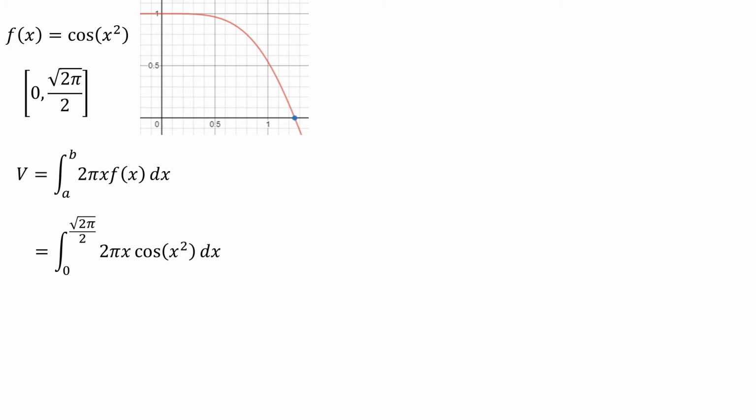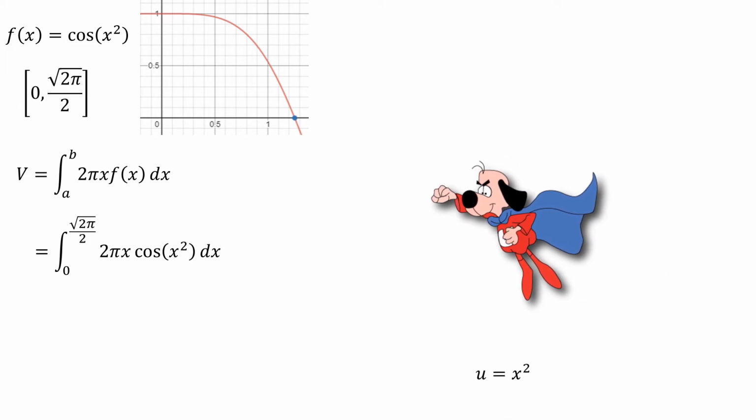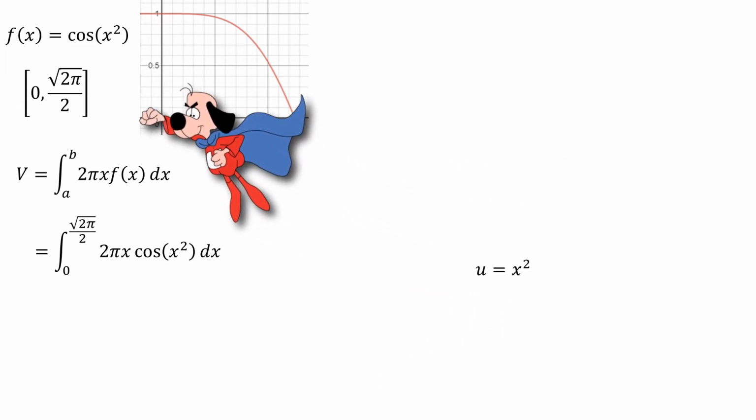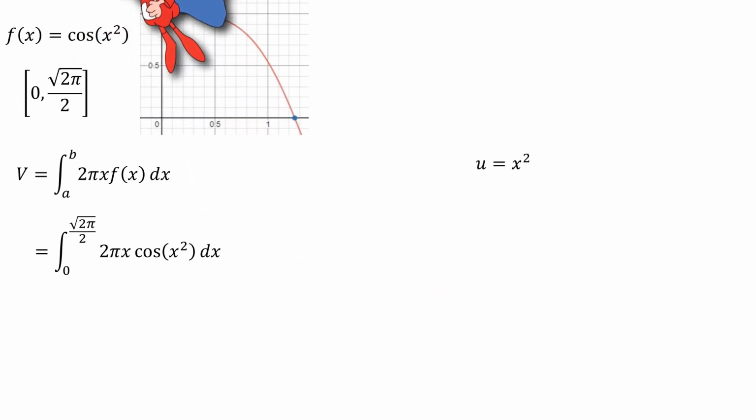And you're like, well, just a minute here. The last time you kept putting that 2 pi out in front. How come you didn't put that 2 pi out in front? Hang on for just a second. Because who's going to come save the day for us? Speed of lightning, that's right, a u substitution.